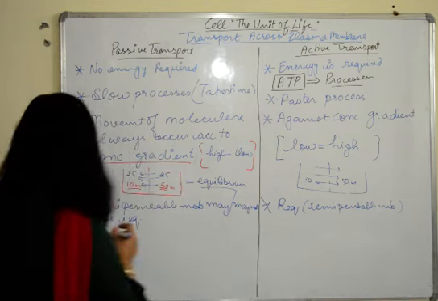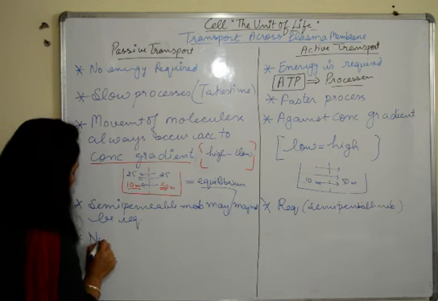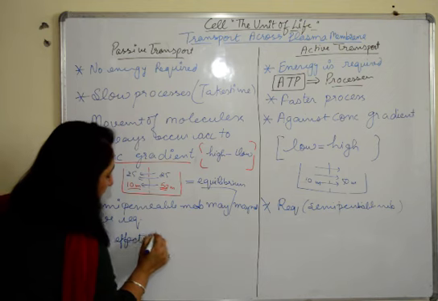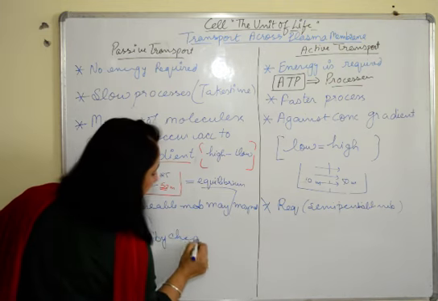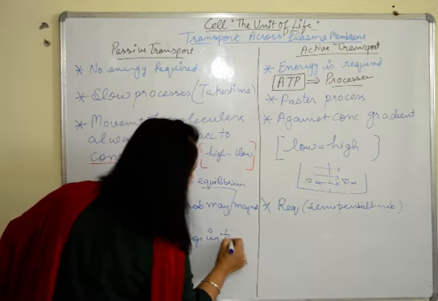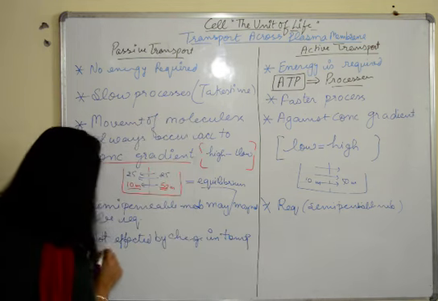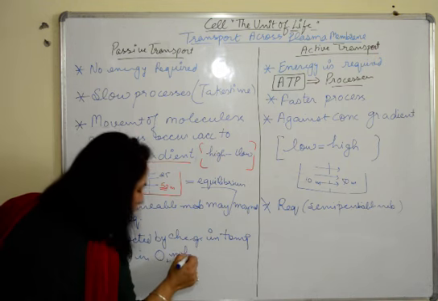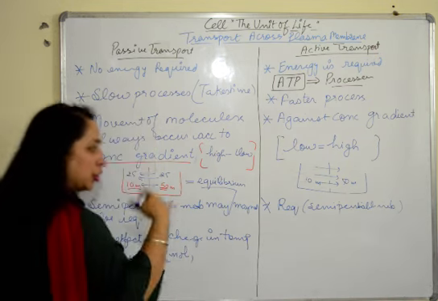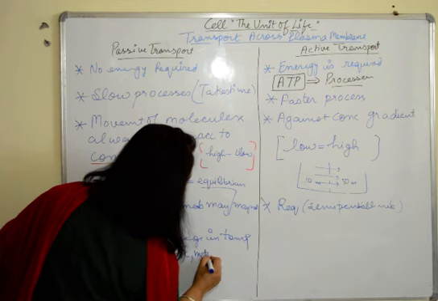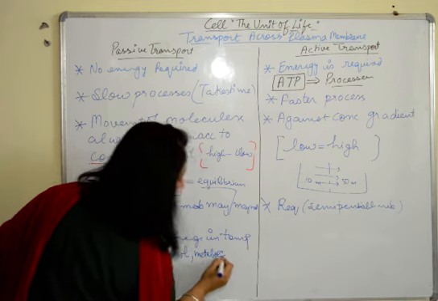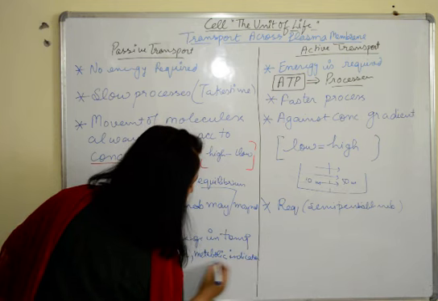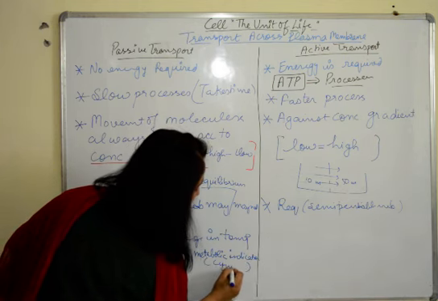Next point is it is not affected by change in temperature or change in oxygen molecules, or addition or deletion of metabolic indicators. For example, a metabolic indicator is cyanide.